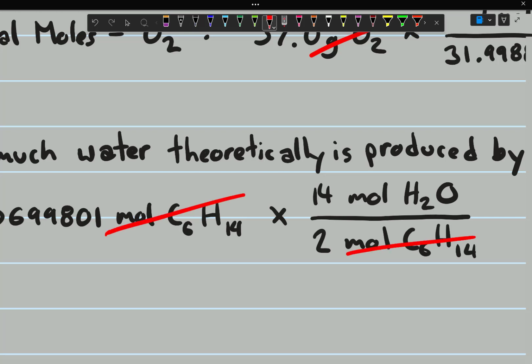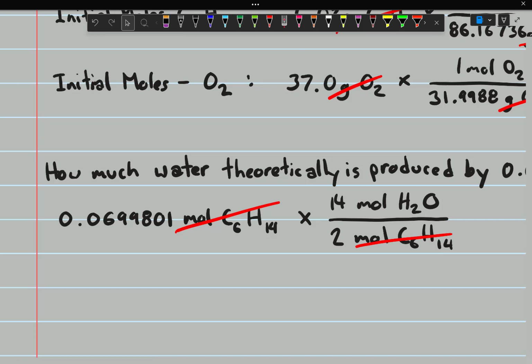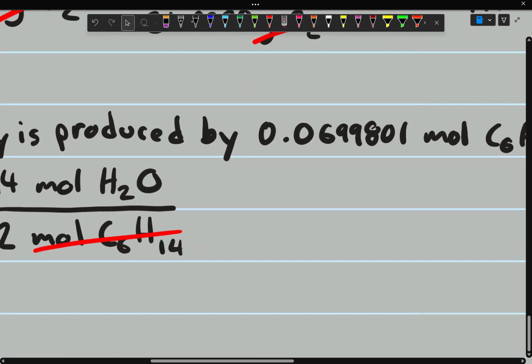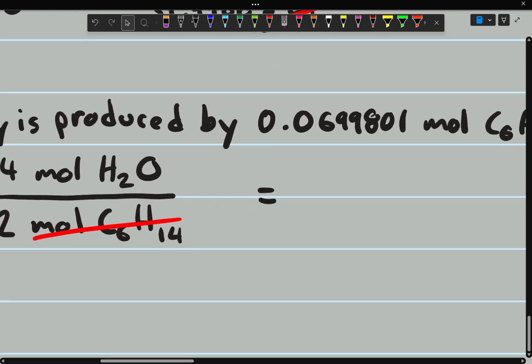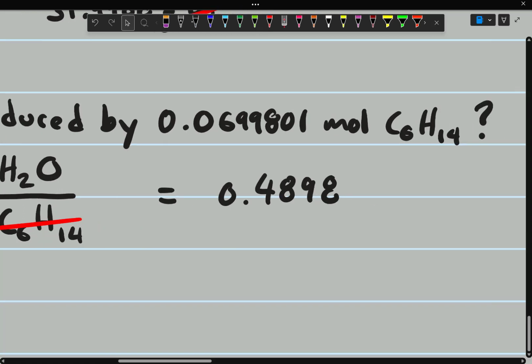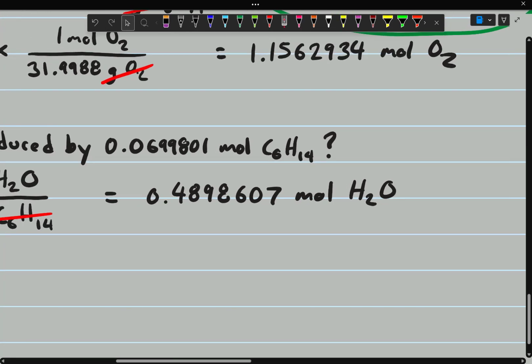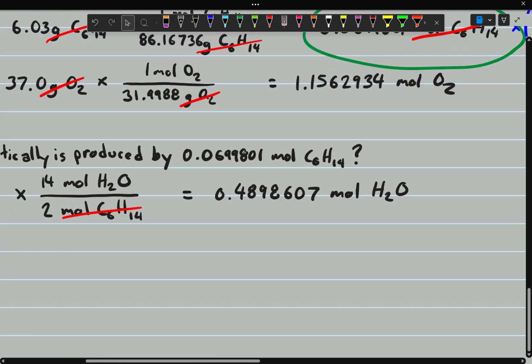Moles of hexane will cancel, and you're left with 0.0699801 multiplied by 14 over 2, which is just 7. If you calculate this, you will find that we will produce 0.48980607 moles of H2O.